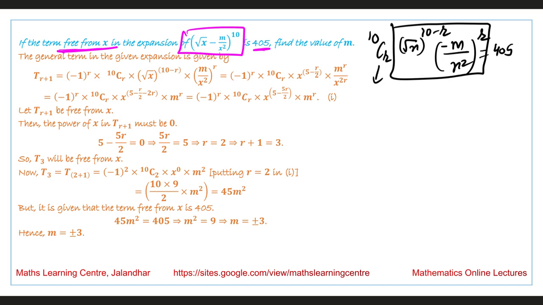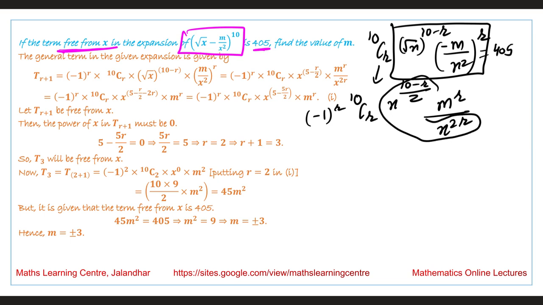So if we try to simplify this value, we get it is 10Cr x raised to the power (10 minus r) by 2, minus 1 raised to the power r, m raised to the power r over x raised to the power 2r. Now for this term to be independent of x, we are saying the power should be equal to 0.